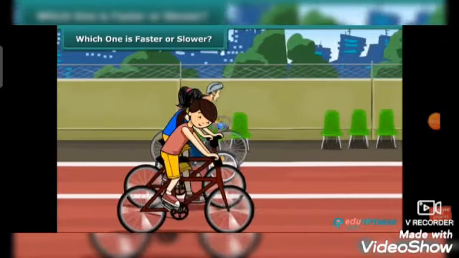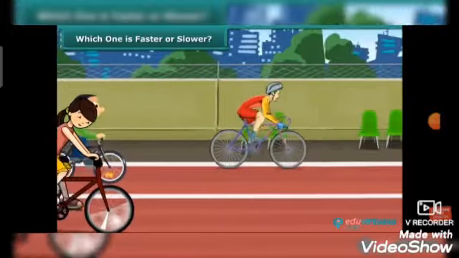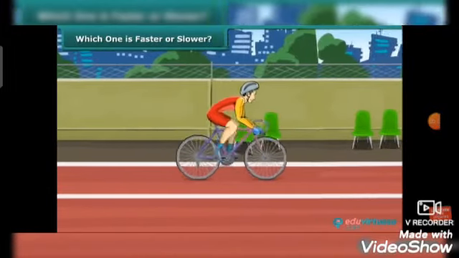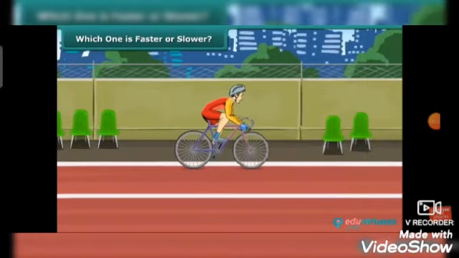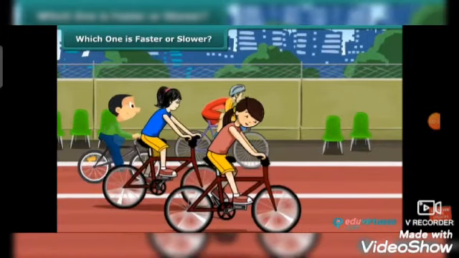Consider a cycle race. When the whistle blows, the race begins. Every cyclist starts at the same time, and after some moment, a winner reaches the finish line and stands first. That means the winner covers the distance faster than the others.